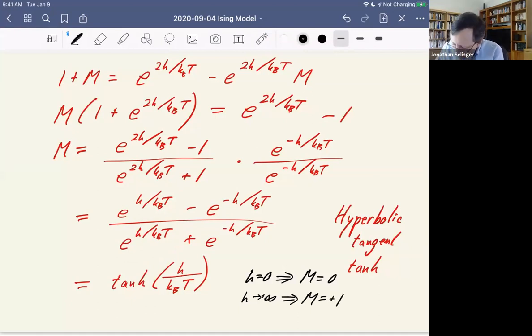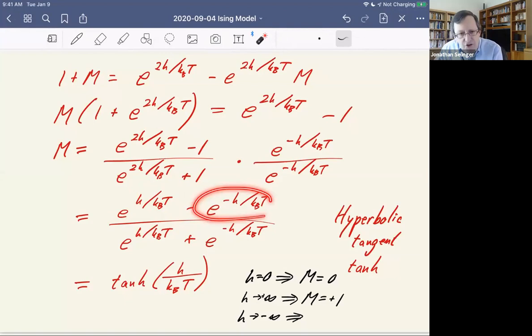What about if h goes to negative infinity? It's the same argument as last time, but just turned around. Now this thing is tiny when h is negative infinity, but this is huge.